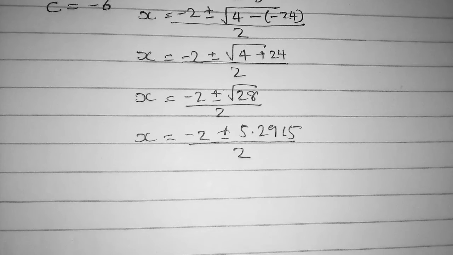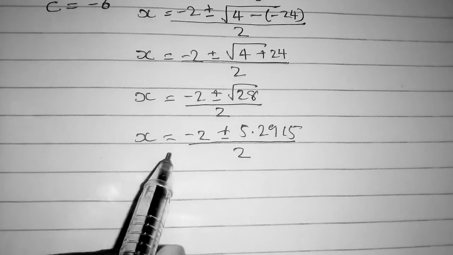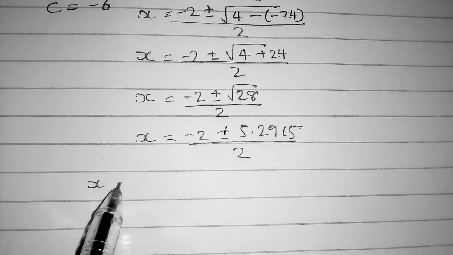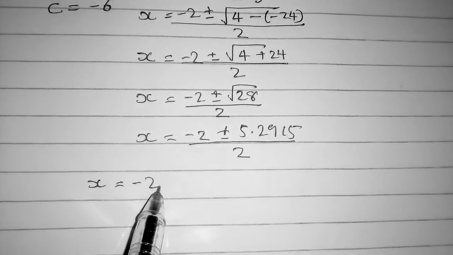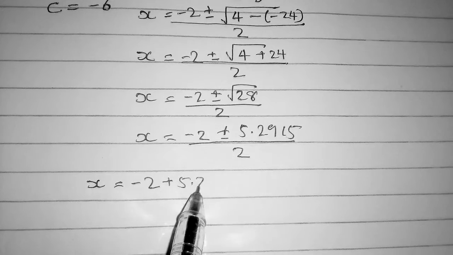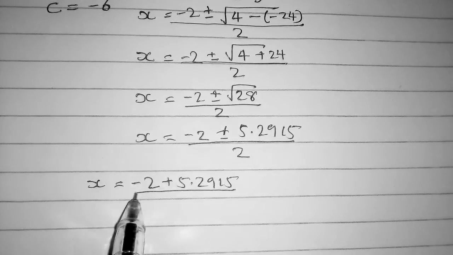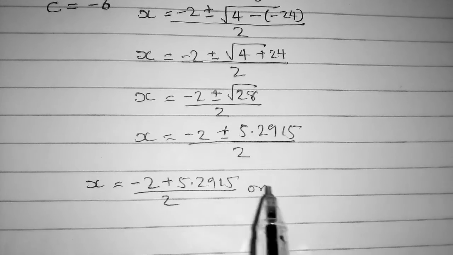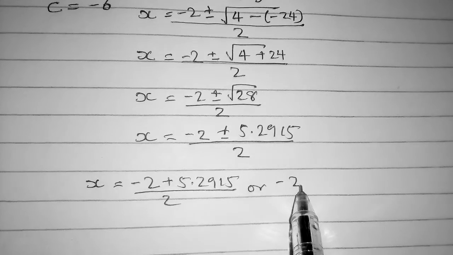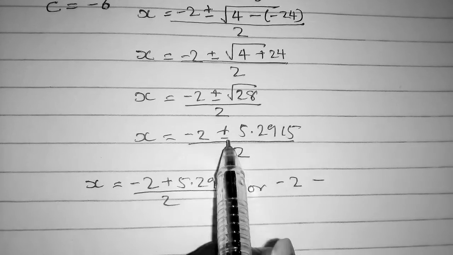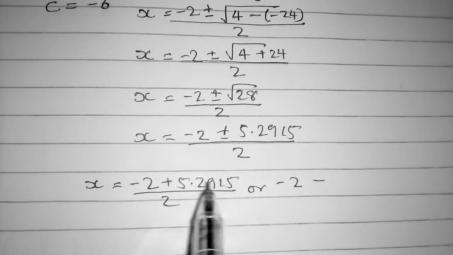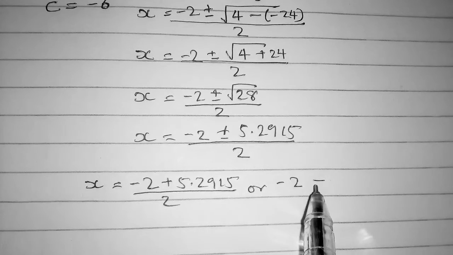So what we are going to do, going to separate them. x equals to minus 2 plus 5.2915 divided by 2, or minus 2 minus 5.2915 divided by 2. First of all, we take this plus here, and now the second one we are taking this minus.